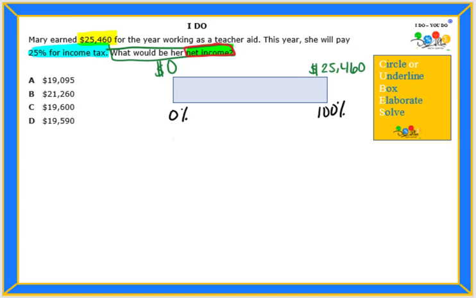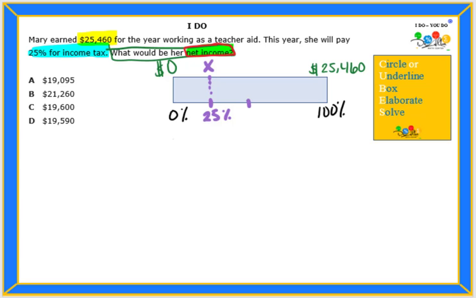So now on our percent bar, we're going to find where 25% would be. We know that if we mark about halfway through, that would be 50%. So if we go half of here, this would be 25%. And so we want the corresponding dollar amount on the other side of the bar.